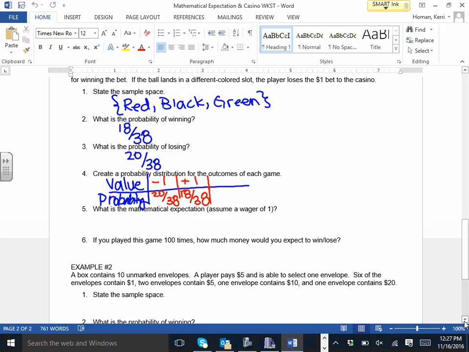We only have 2 probabilities, but you can see that those obviously add up to 1. Okay? So, if we want our mathematical expectation, we're going to take -1 times the probability of getting -1 and add it to +1 times the probability of gaining 1.